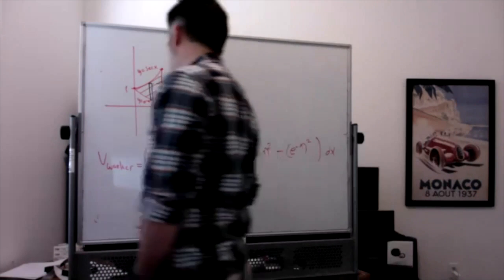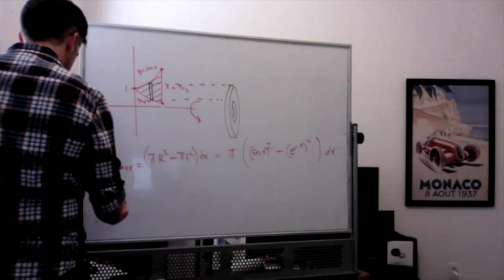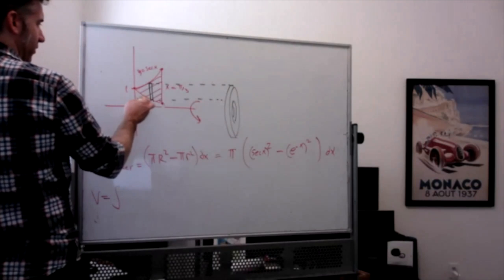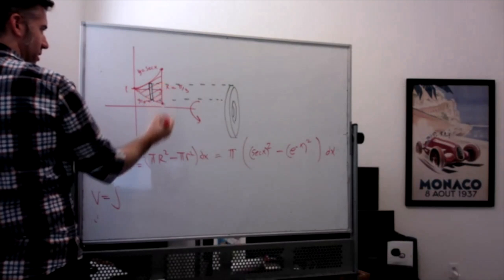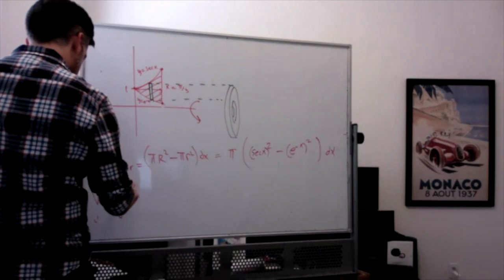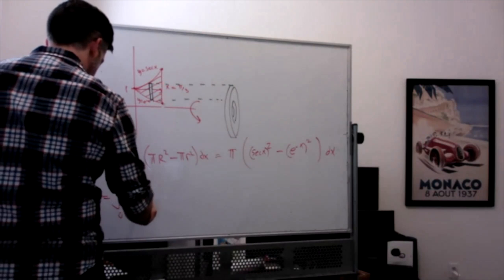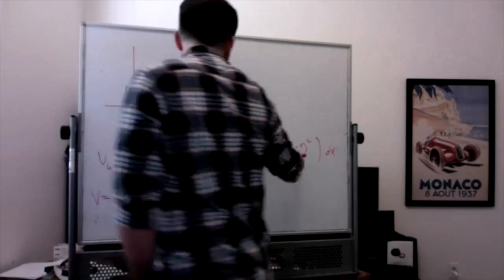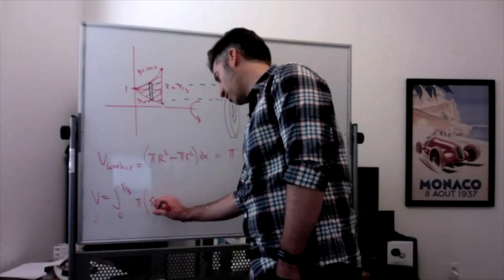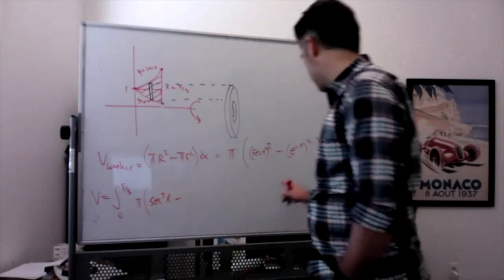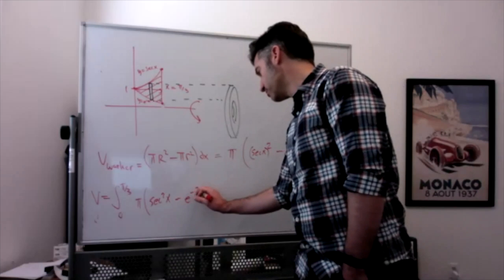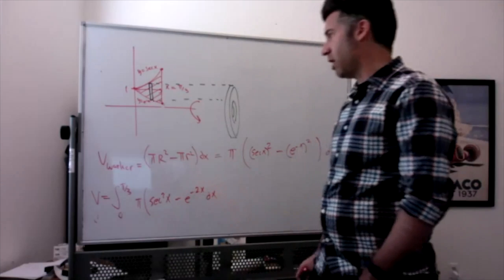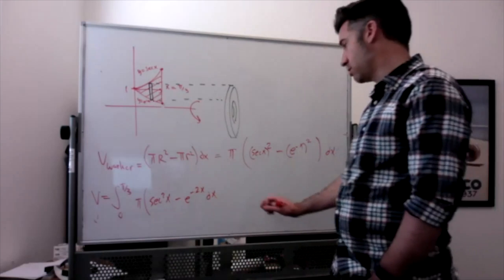So then the actual volume is going to be the integral from as far left as 0 to as far right as pi over 3 of pi times, now let's simplify this, secant squared x minus e to the negative x squared, which is e to the negative 2x. Okay, that's not as awful as it could be.